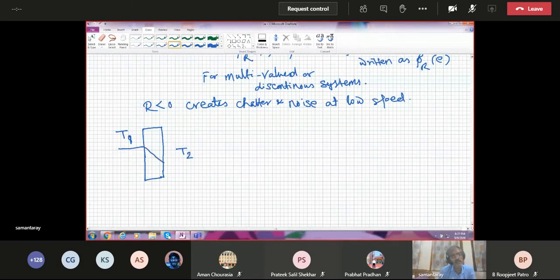Some heat flow, call it Q dot, and let lambda be the overall heat transfer coefficient.